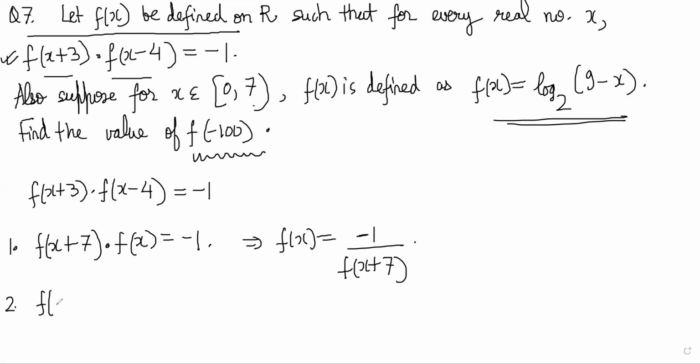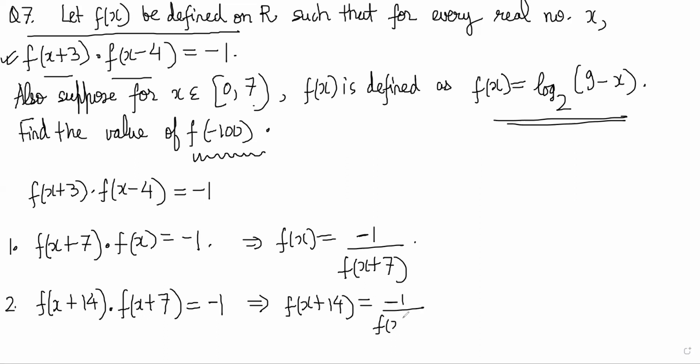So this will become x plus 11 plus 3, so x plus 14, multiplied by, if you put x plus 11 here, you will get f of x plus 7 is equal to minus 1, right? And that implies that f of x plus 14 is equal to minus 1 by f of x plus 7 again, right? Why did I do x plus 11? Because I wanted to get f of x plus 7 again.